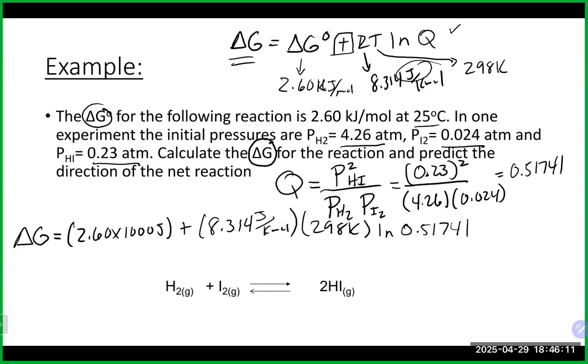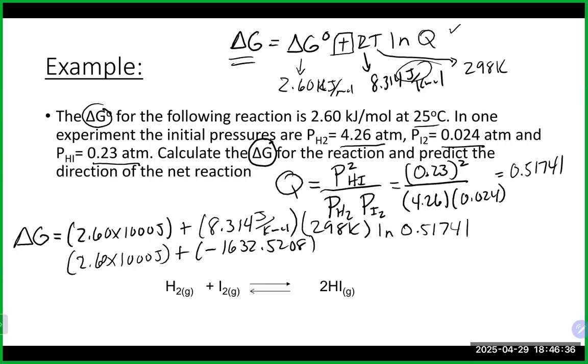All right, let's see what we end up with here. I'm going to take the natural log of that number, times it by 298 and times it by 8.314. That's going to get me somewhere on the back end, negative 1632.5208-ish. And here we still have this guy, times 1,000.